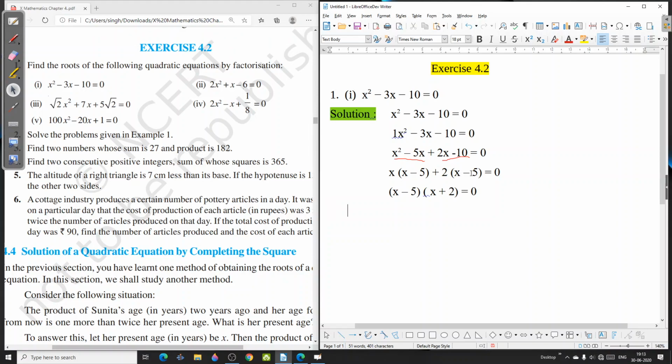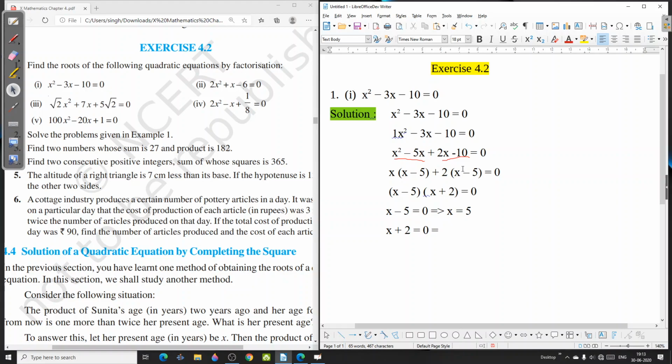One by one we'll equate. First we'll write x minus 5 equal to 0. On simplifying this, this will give us x equal to 5. Now similarly, we will solve the second part, that is, we will put x plus 2 as 0. x plus 2 equal to 0.